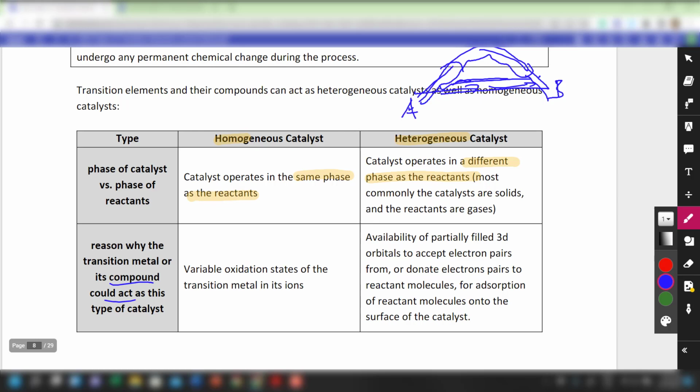For heterogeneous catalysts, the transition elements have available or partially filled 3d orbitals to accept electron pairs. This allows, say, gaseous molecules to be adsorbed onto the surface, forming weak interactions.